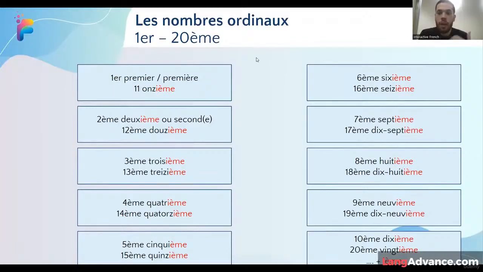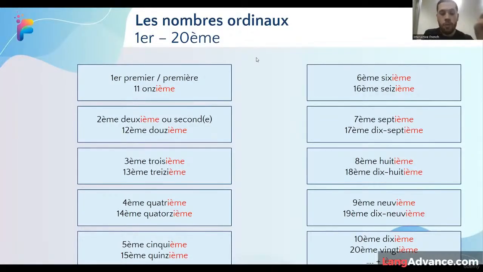Or you could say second, as in second, right? Second and seconde when it's feminine, right? We would pronounce the D when second is feminine, so seconde. Right, we can either say deuxième or second, right? Pretty easy so far, right?